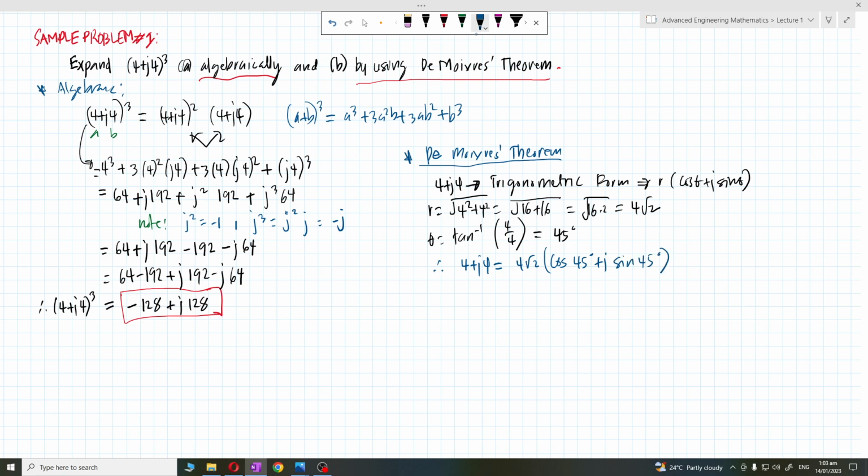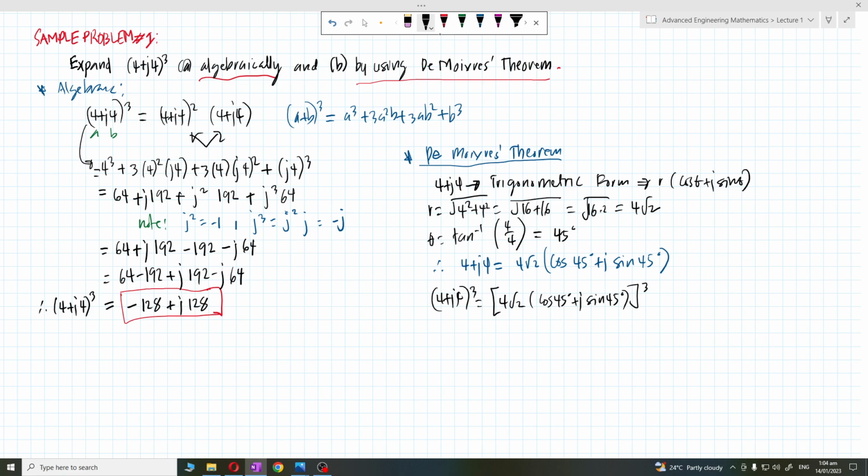Applying De Moivre's theorem with n equal to 3, 4 plus j4 raised to 3 is the quantity 4 square root of 2, cosine of 45 degrees plus j sine of 45 degrees, raised to 3.